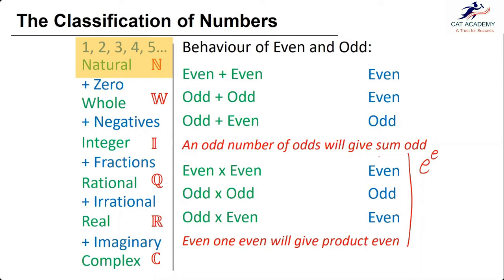This was all normal. Now tell me this. Even raised to even. Even raised to odd. Take an example if you want. Even is 4 raised to odd, that is say 3. 4 raised to 3, that is even.